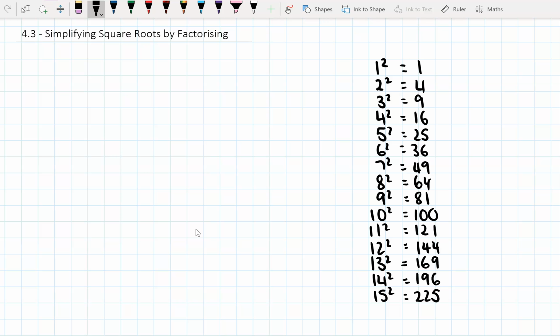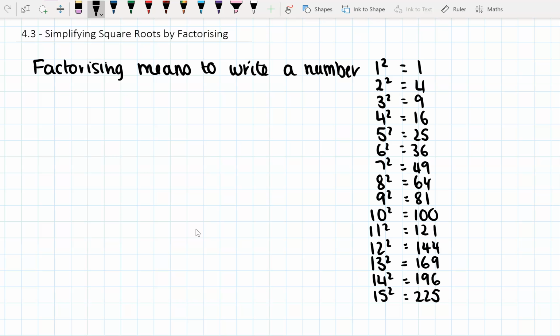All right. Now, what we do when we simplify square roots is we start by factorizing, and we're going to talk again about what factorizing means. So factorizing means to write a number, and this can also be a term or an expression. Okay, it's not just a number, but I'm not going to sit there and write this out every time.